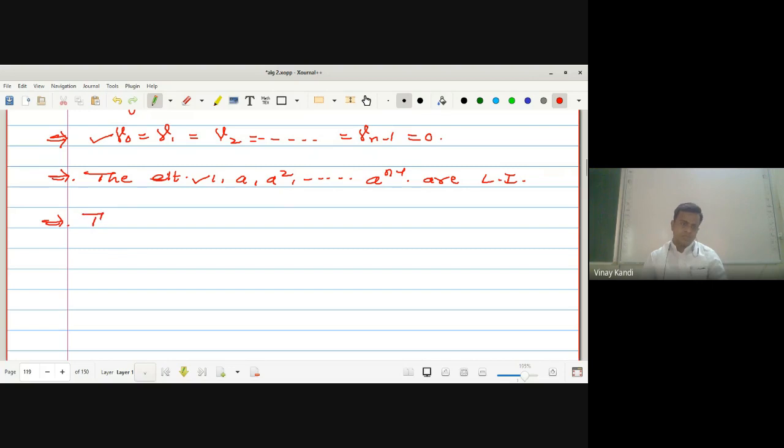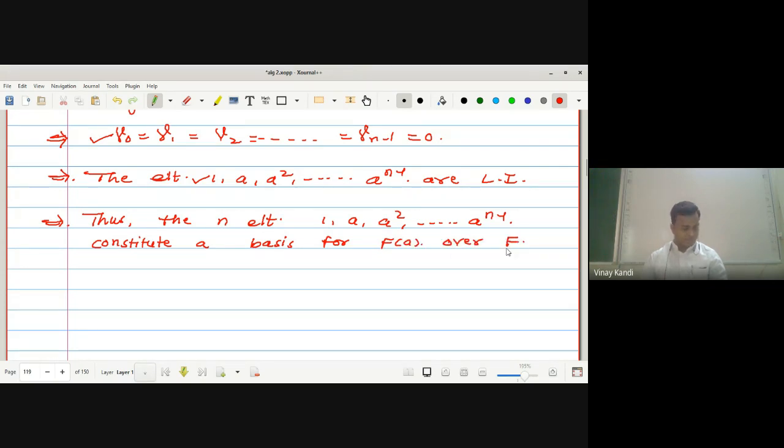Thus, the n elements 1, a square up to so on a raised to n minus 1 constitute a basis for F of a over capital F.